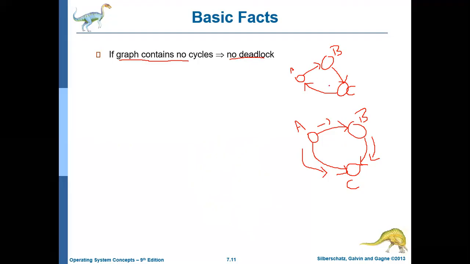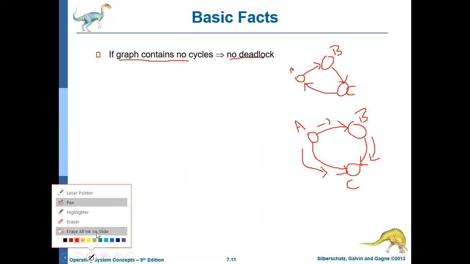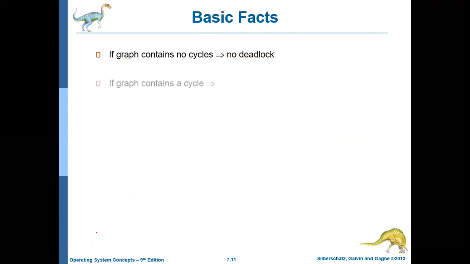So what you can infer from the resource allocation graph is, if there is no cycle in the graph, then you can confirm that there is no deadlock, or the operating system can confirm that there is no deadlock, okay. What if there is a cycle? If the graph contains a cycle, then there are two possibilities.